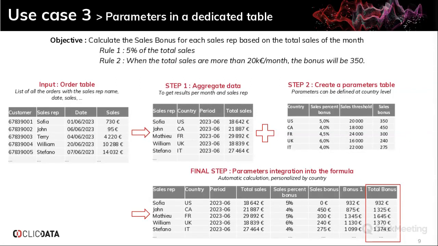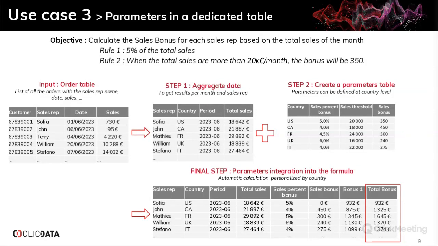So for each sales representative and for each period, we will be able to get the different parameters for rules 2 and 1 to calculate the final bonus. So to calculate the 5% of total sales for each sales rep, and to see if they meet the expectation for rule 2, so if they get the bonus or not.